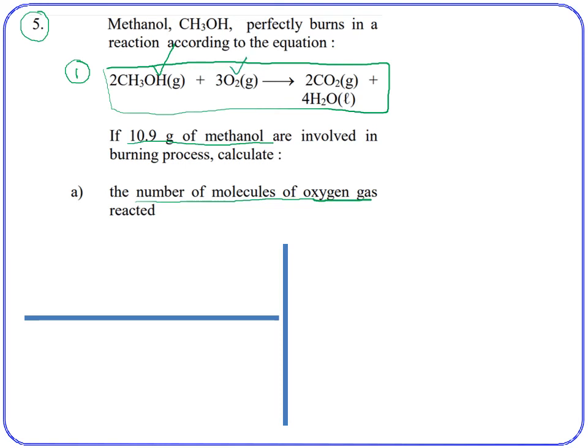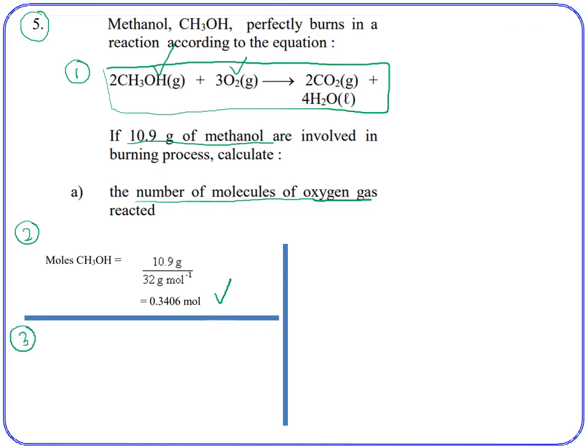Okay, so now let's proceed to step number 2, where we are going to use 10.9 gram of methanol to determine the number of mole by dividing with the molar mass, which gets 0.3406 mole of methanol.